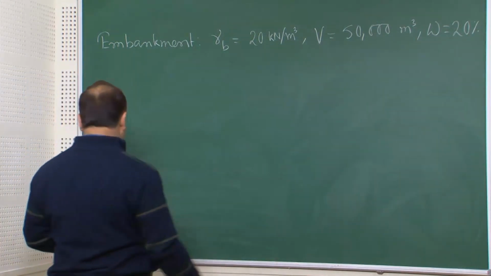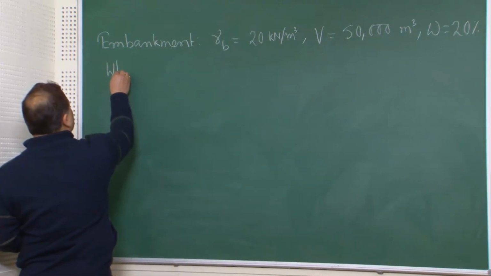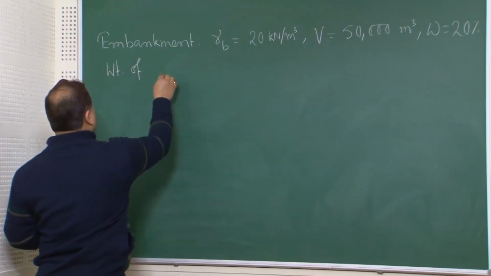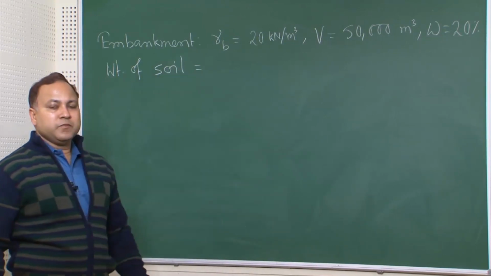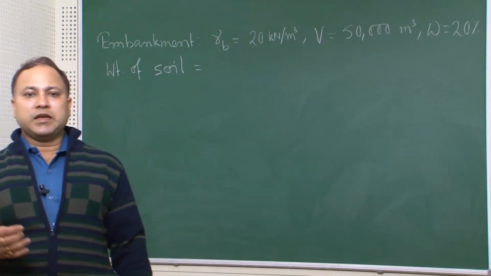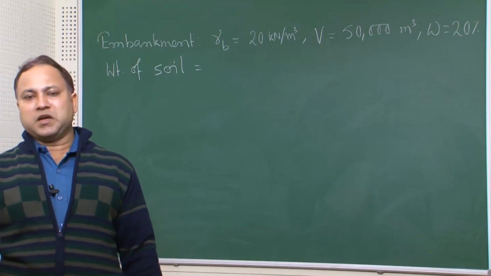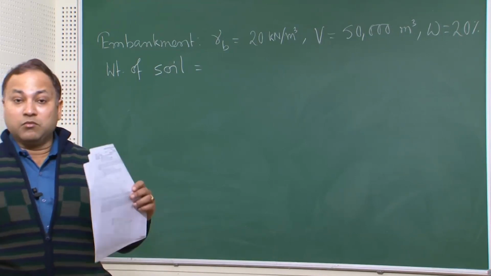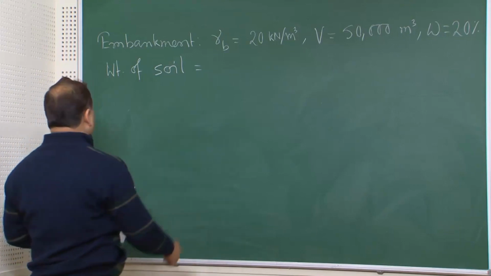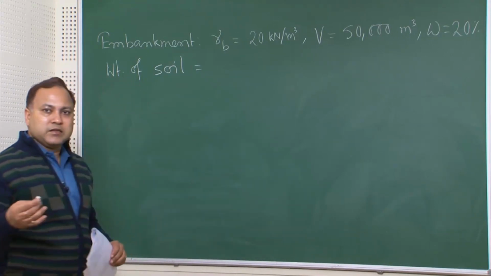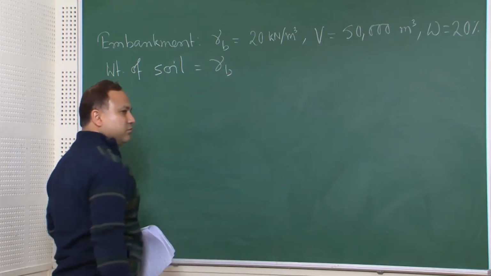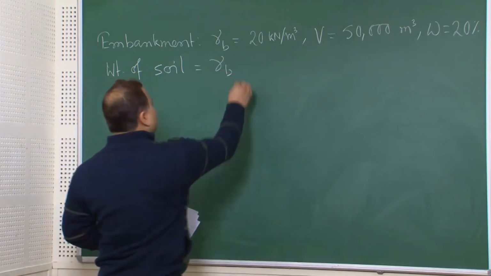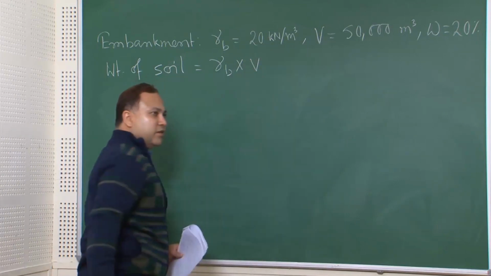Okay. So, now we will find out the weight of soil. When I am talking about the weight of soil, that means this is taking care of weight of soil solid plus water. That means this is the weight of moist soil. So, how can I get the weight of soil? That means the gamma bulk, that is the bulk unit weight, multiplied by V, simple.